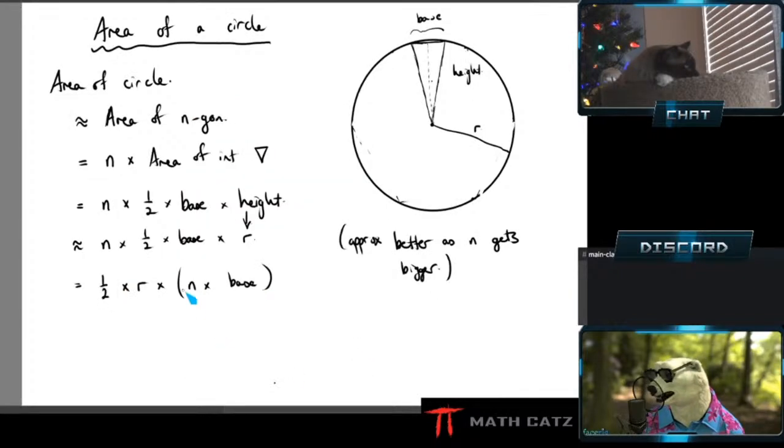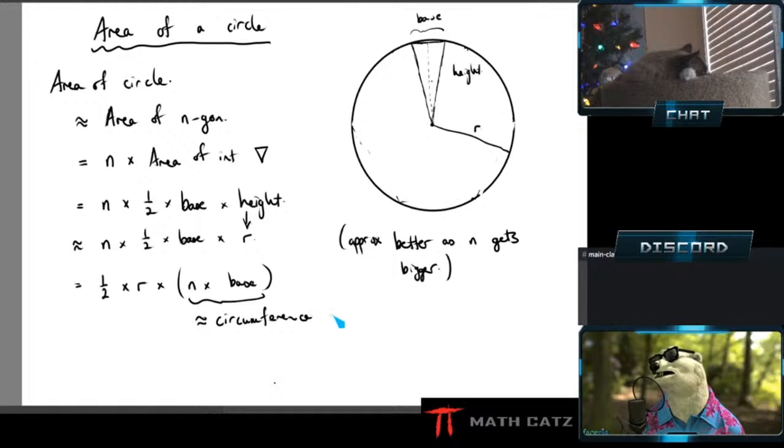So if I then say n times this base, as n gets larger and these get smaller, they track the circle all the way around better and better. So this over here is approximately the circumference of the circle. Right?